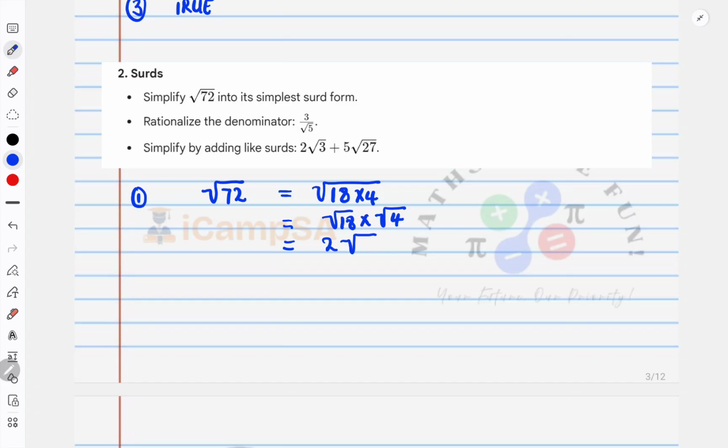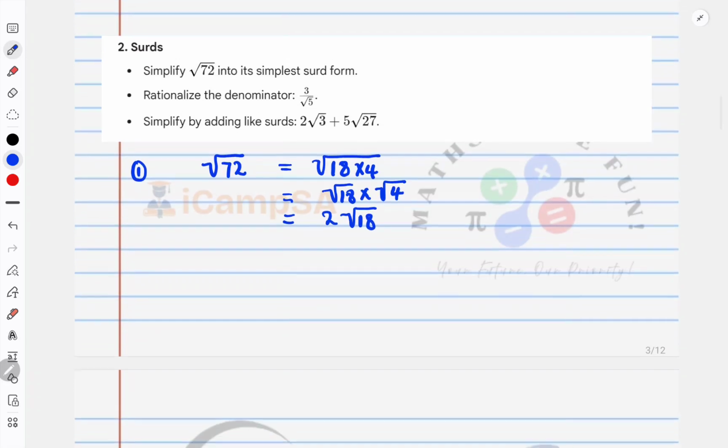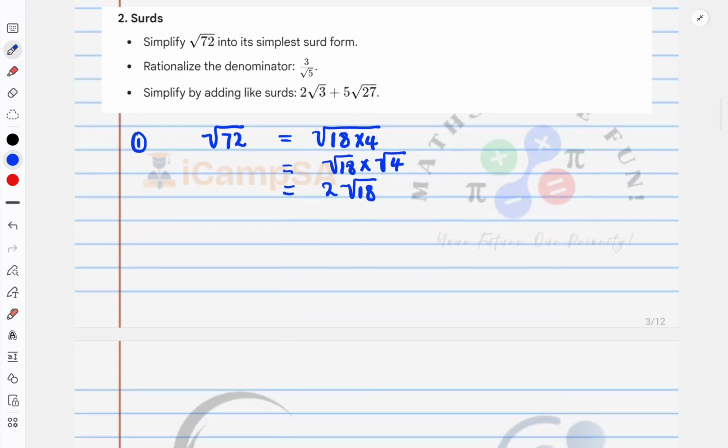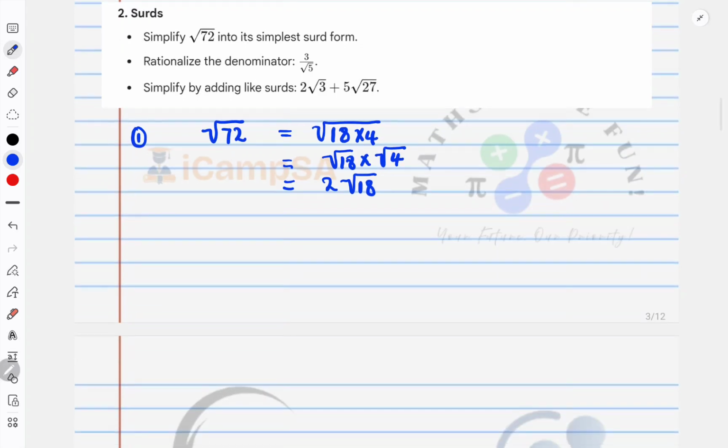And then 18, we need to test if we can further divide it, if we can find the product of perfect squares that makes 18. If we say 18 divided by 2, we have 9. 9 is a perfect square. Let's go.